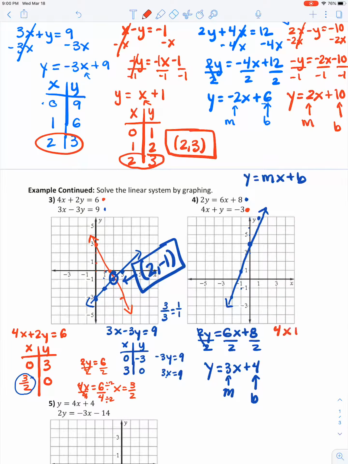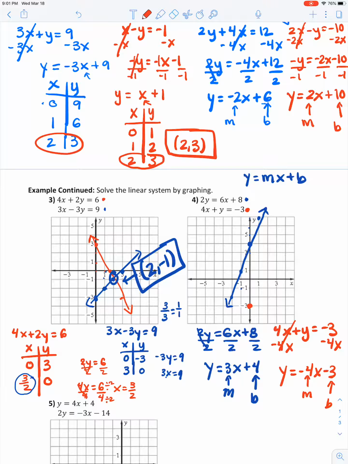Okay, now we have 4x plus y equals negative 3. Again, solving for y, I would subtract 4x on both sides. So we get y is equal to negative 4x minus 3. My b value here is negative 3. That's where it is on the y-axis. And my slope is negative 4.